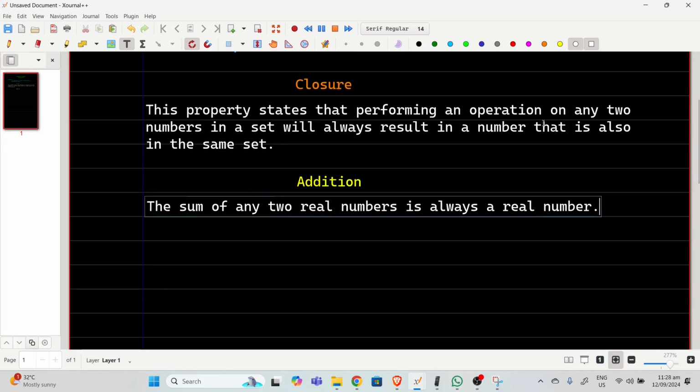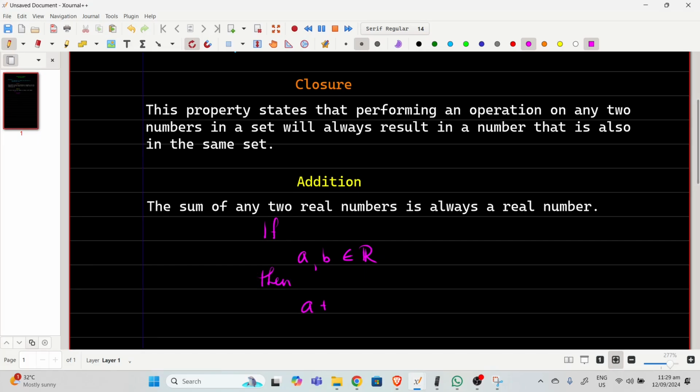And just so that you can get a little bit of math understanding of this, let's write it like this. If A and B are members of the set of real numbers, then for closure, A plus B will belong to the set of real numbers as well. Right? So that's closure for addition.